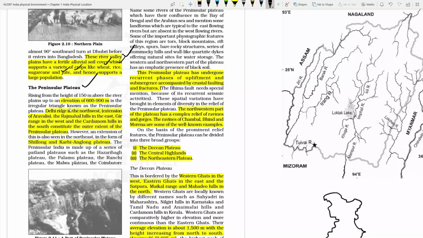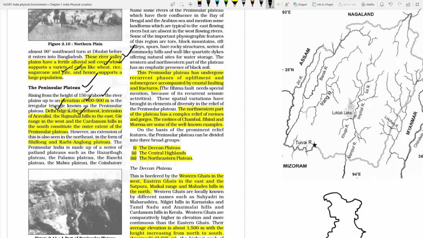Peninsular plateau. The Peninsular plateau has an elevation of 600 to 900 meter, so it is not near the sea level. You can see, the plain was roughly around 150 meter, but this is roughly around 600 to 900 meter. From the northwestern side, it is starting from Delhi Ridge. On the northeastern side, it is Rajmahal Hills.